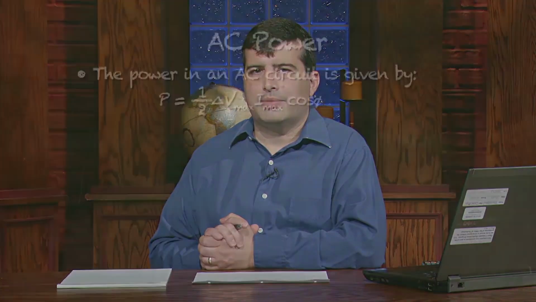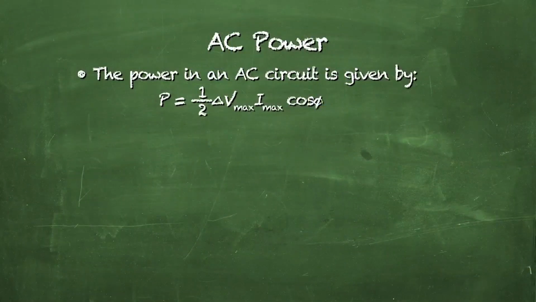We have a similar but different expression for power with alternating current circuits. The power in an alternating current circuit is given by P equals 1/2 delta V max, I max, times the cosine of phi.